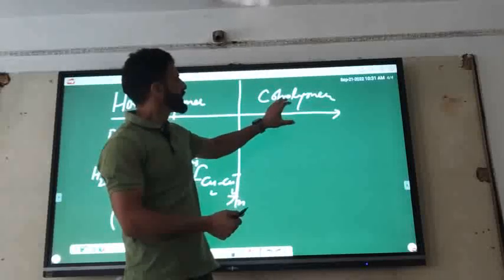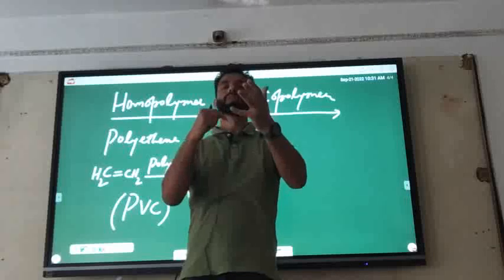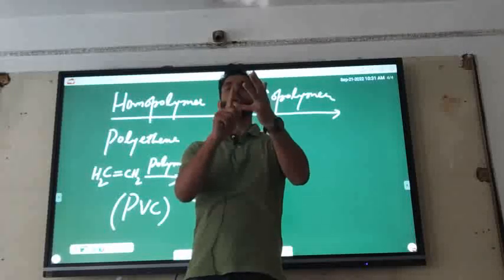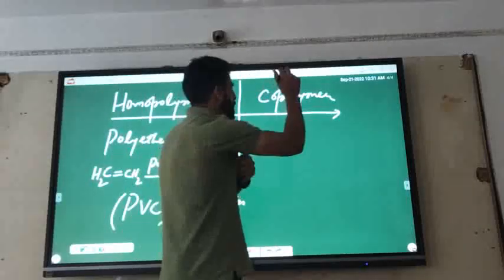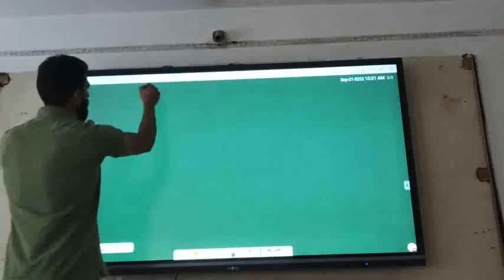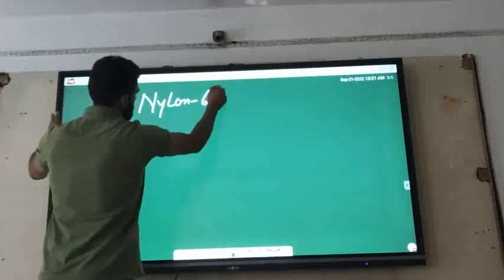Now, in the case of copolymer, the subunits, the monomers, are not the same. They are of two or three types. Suppose we take an example of nylon 66.